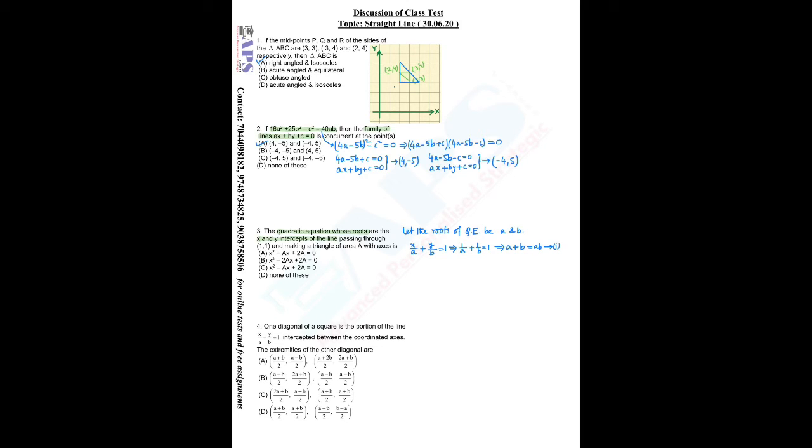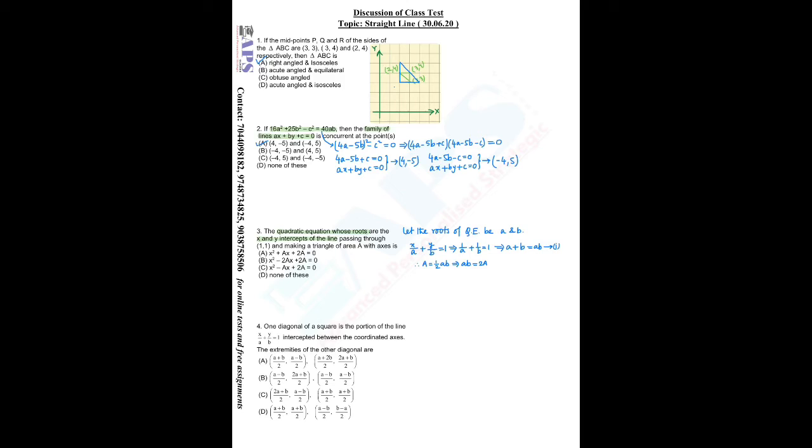Now it is also given the area made by the triangle. The area of the triangle made by this line with the axes is capital A. Therefore we can say that A is equal to half into ab, which implies ab equal to 2A.